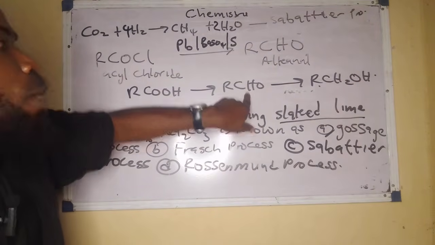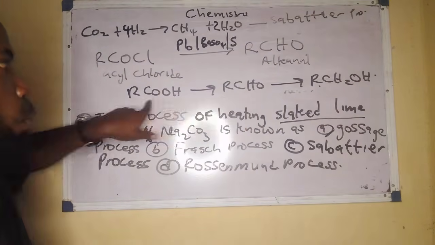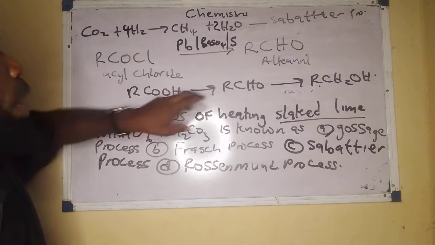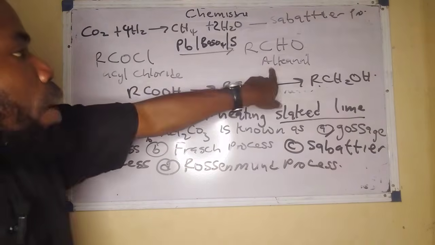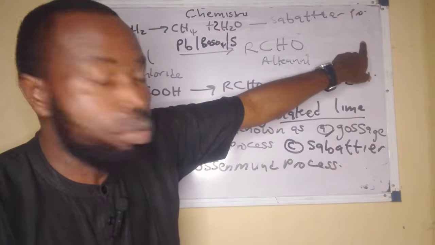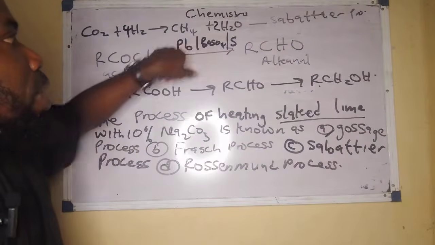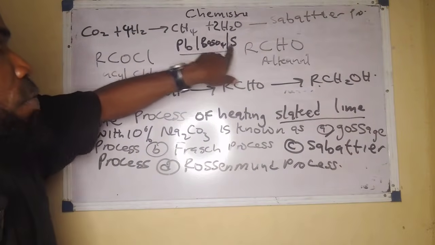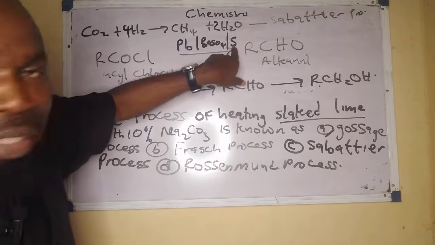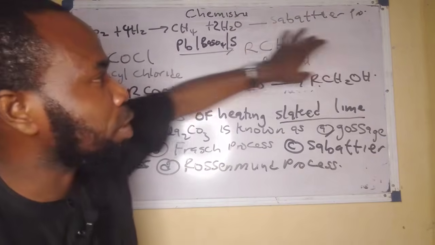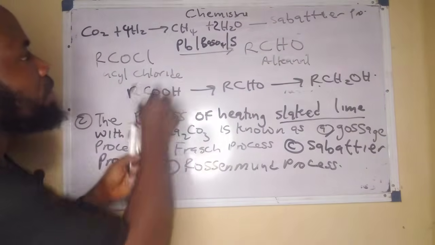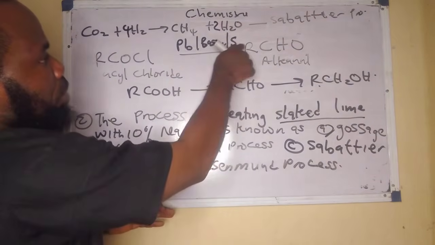Then, of course, I can oxidize alkanal to form what? Carboxylic acid. So that's why I said from here down, I can also get a primary alcohol, but it's a controlled kind of reduction. That's why the catalyst involved, especially the palladium, is being poisoned with sulfur so that it can be what? It can be controlled. So this is the Rosenmund reagent, so to say.